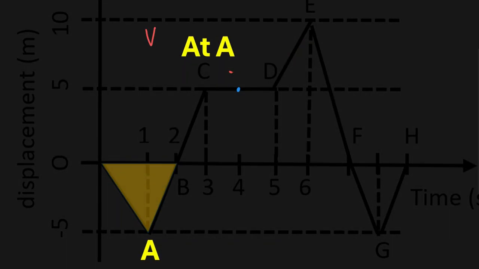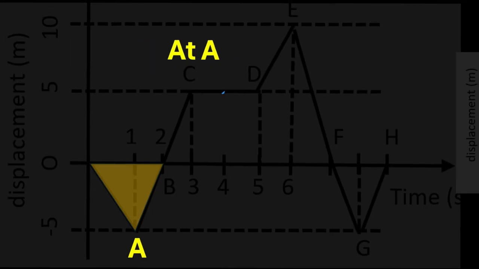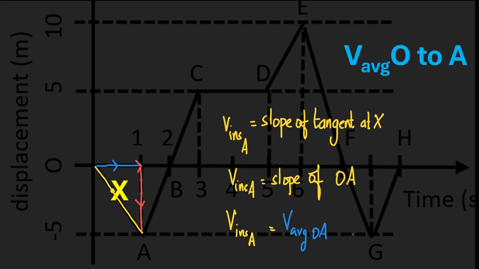The question here is, how is it the case that velocity instantaneous at a point is equal to velocity average? So let us consider the point X here, which is along OA, right?